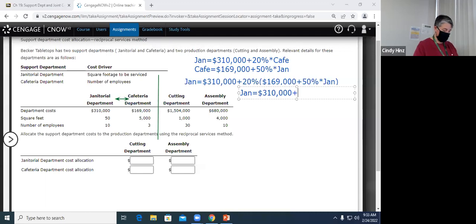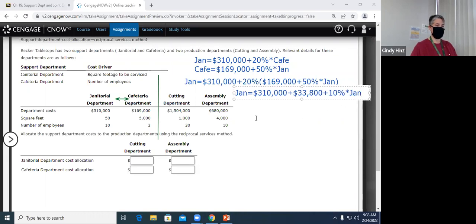So I'm distributing the 20% inside the parentheses. So 20% of 169 is 33,800. And then 20% times 50% is 0.1, or 10% times January. I just said January, janitorial.